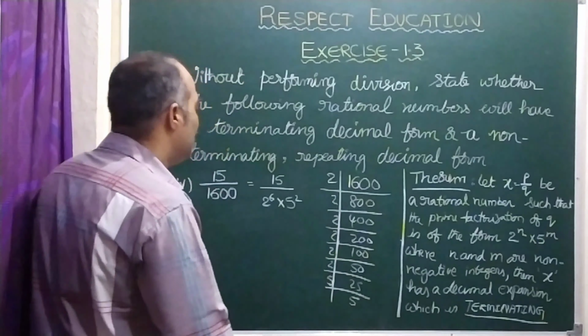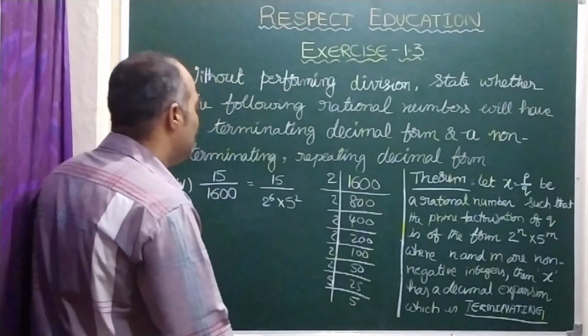Now let us see the next bit, that is the fifth bit, 29 by 343. So here q is 343. Let us write the prime factorization of 343. So here let us take 7. Here 7 fours are 28, 7 sevens are 49, again with 7, 7 sevens are 49. So here it can be written as 29 by 7 cube, 1 2 3.